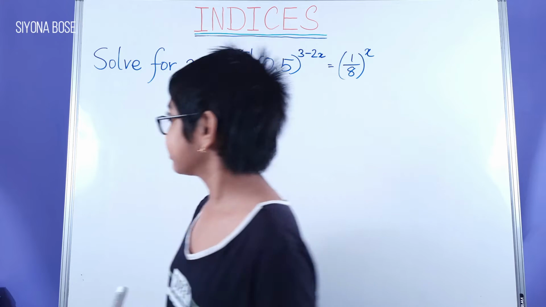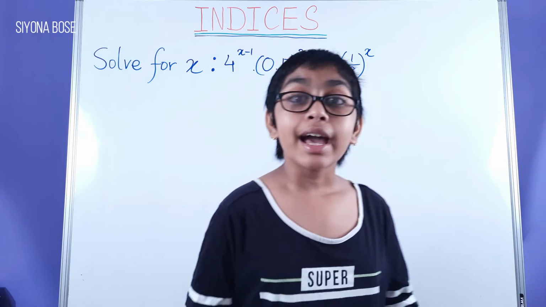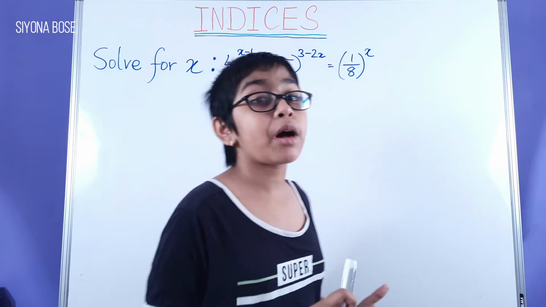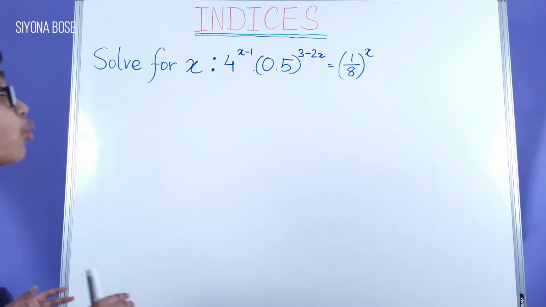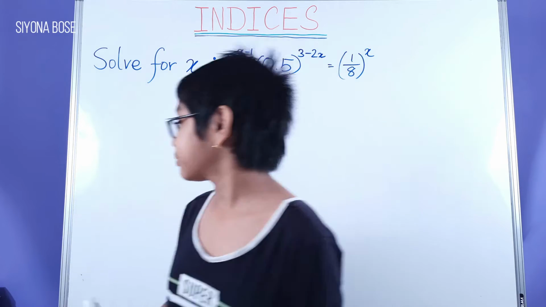Let's take a look. Solve for x: 4^(x-1) into 0.5^(3-2x) equal to (1/8)^x. Let's do this.